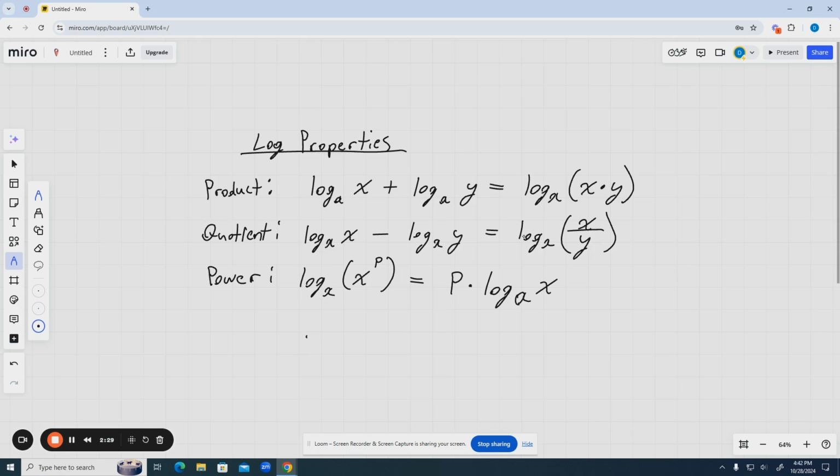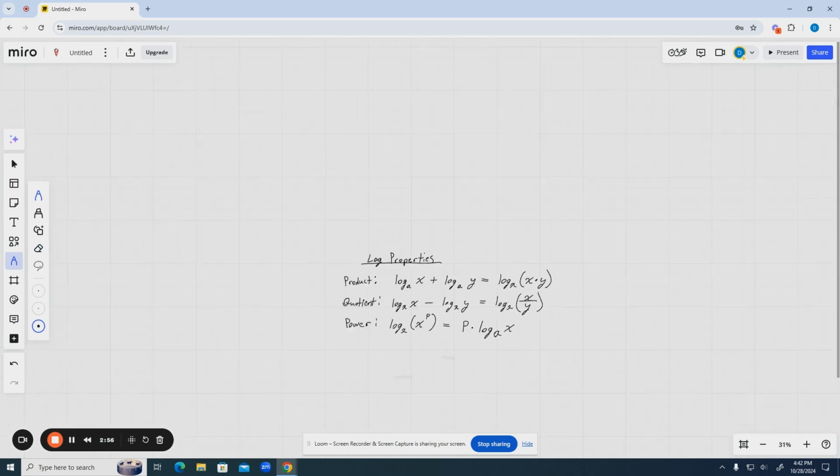Let's say you have 2 log of x. You can rewrite this as log x squared. Or if you have log x squared, you can put the 2 out in the front. Whatever makes it easier, you can do those back and forth. It doesn't matter. So let's get to some examples that use these three rules.